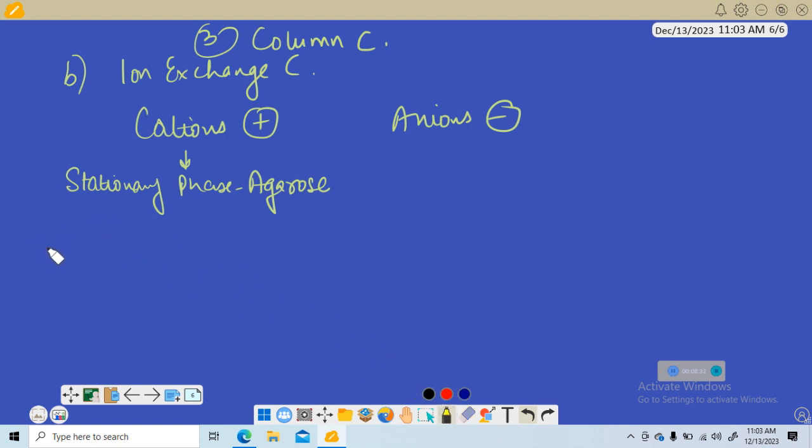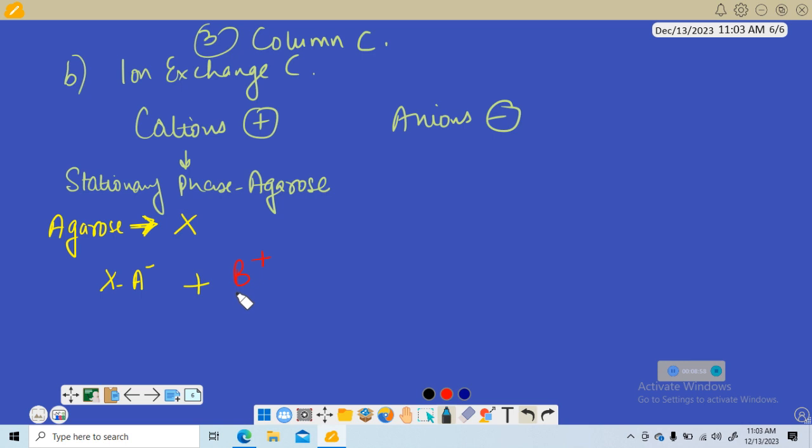So here, let's say in cationic, agarose, we take agarose as X. So X A negative plus, because we are talking about cationic, let's say B positive.